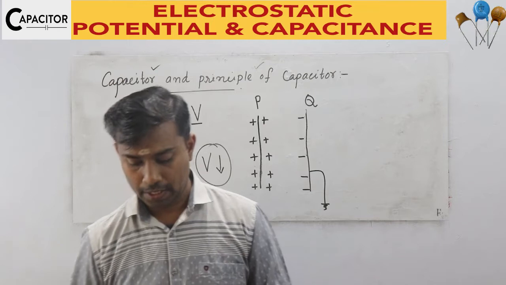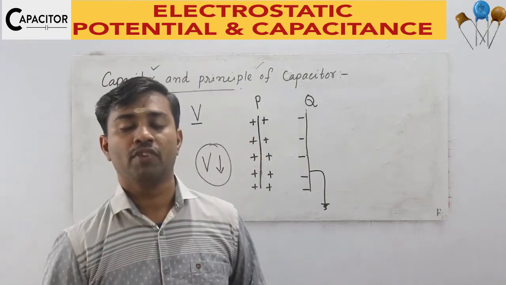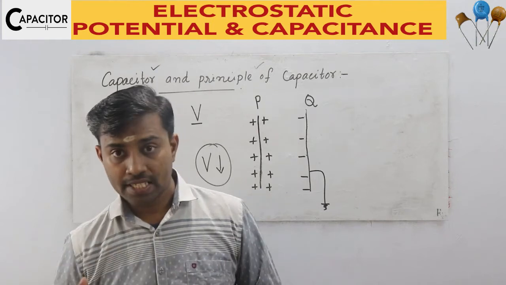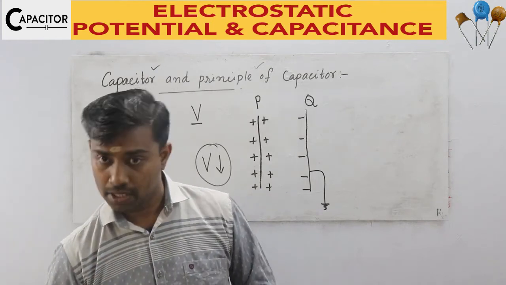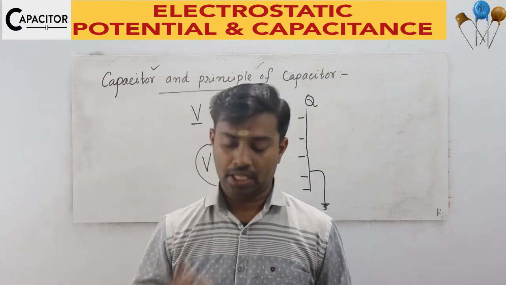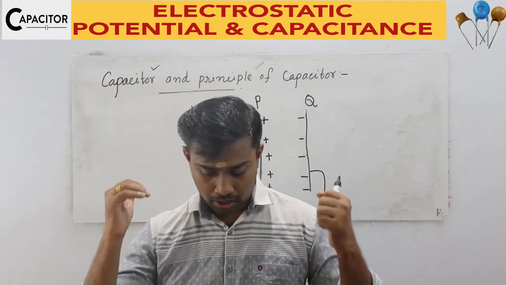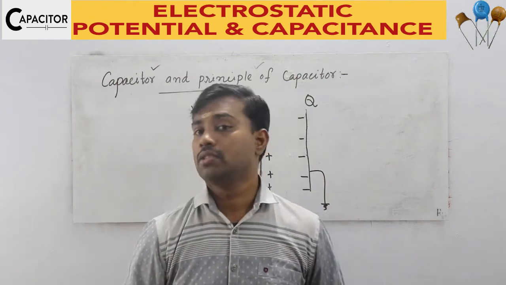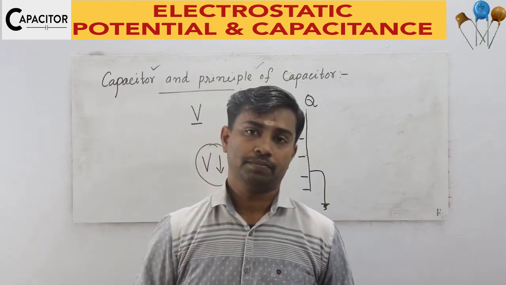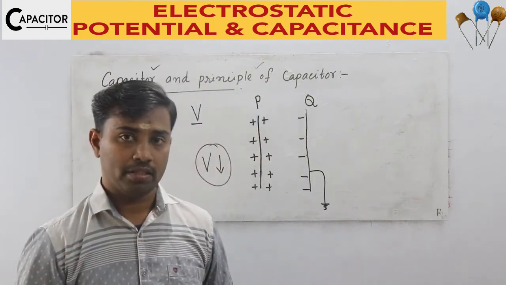Otherwise we can conclude like this: the capacitance of a conductor is increased considerably by bringing near it an uncharged earth conductor. Okay, so we already studied what is capacitance.